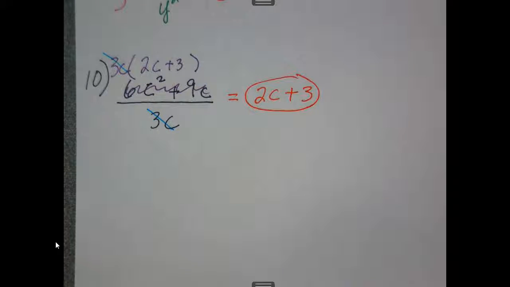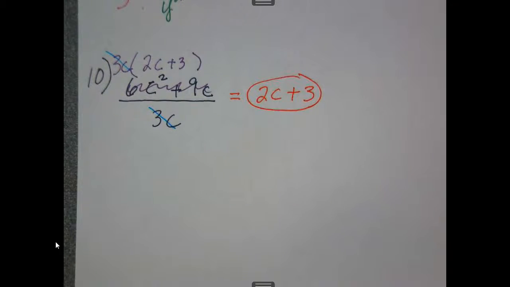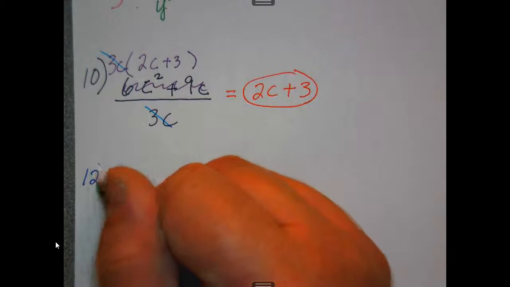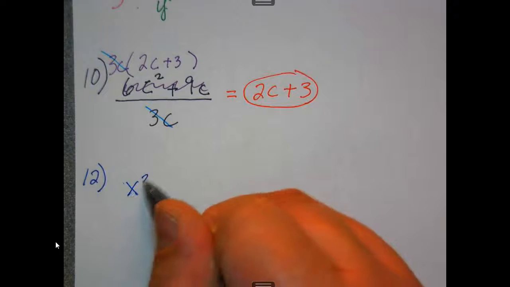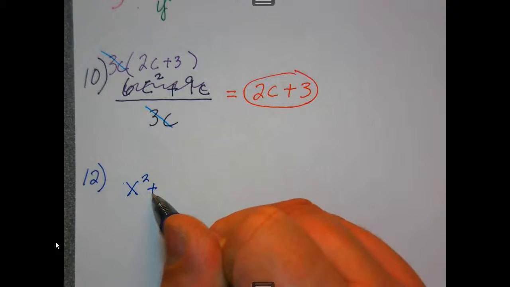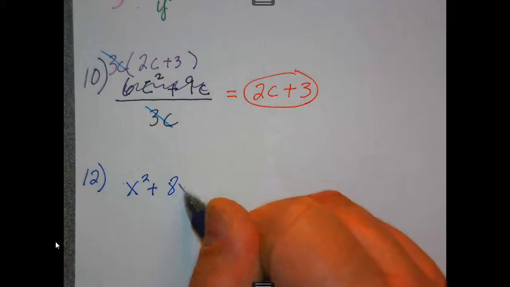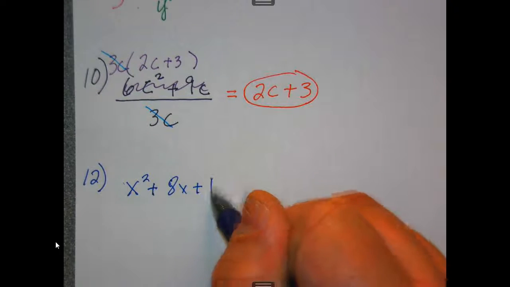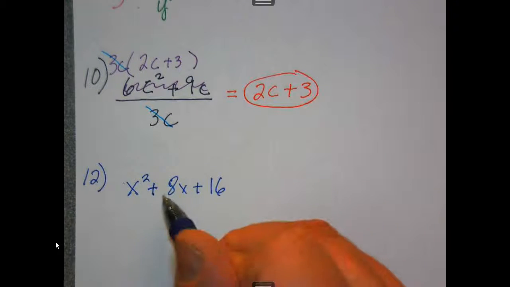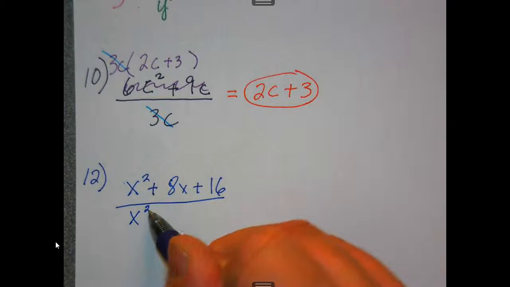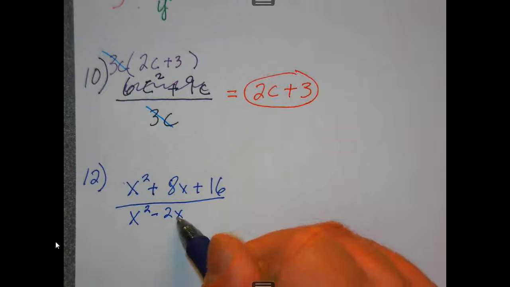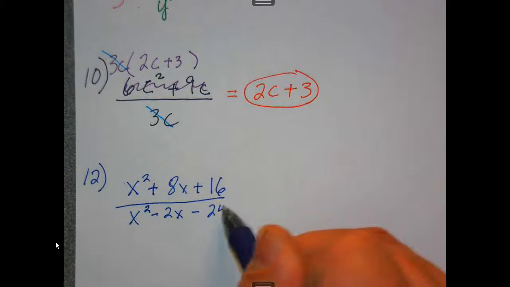12. We have x squared plus 8x plus 16 over x squared minus 2x minus 24.